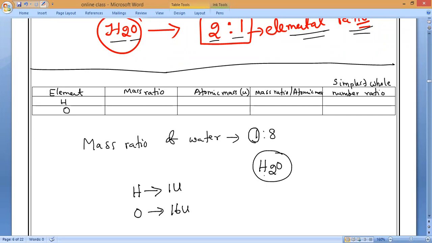So 1U into the number of hydrogens. How many hydrogens, guys? 2, sir. Oxygens are how many? 1. 16U into 1. So 1 into 2 is 2U, and 16 into 1 is 16U.